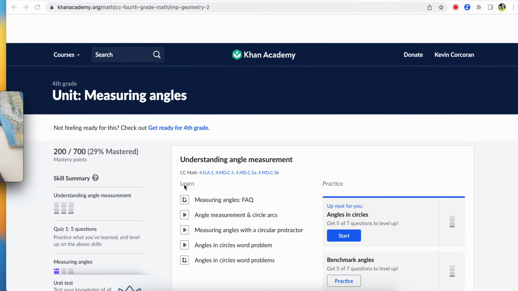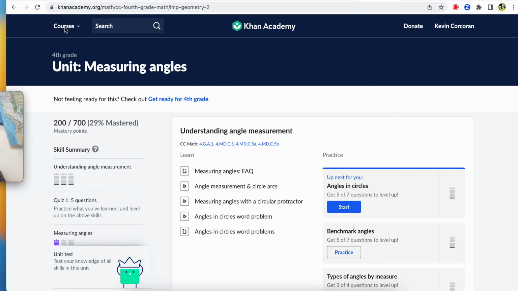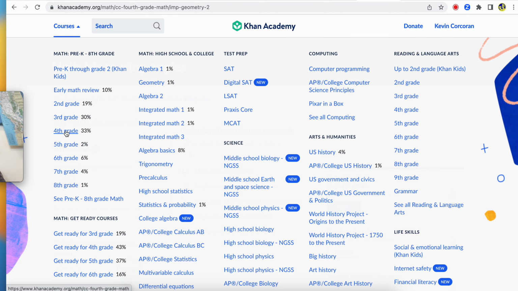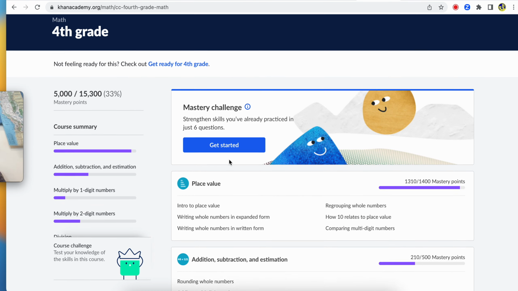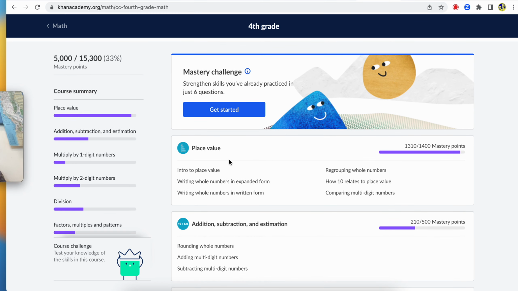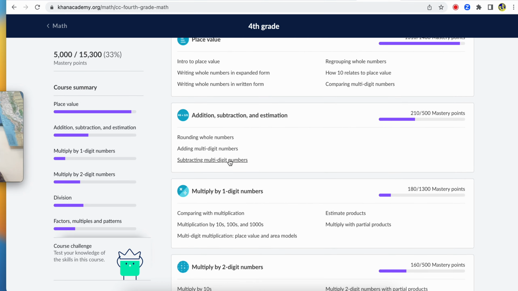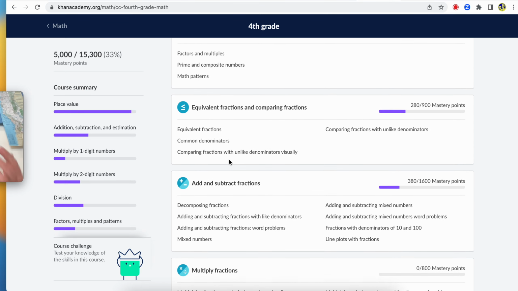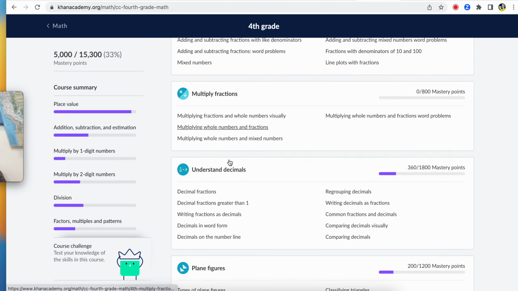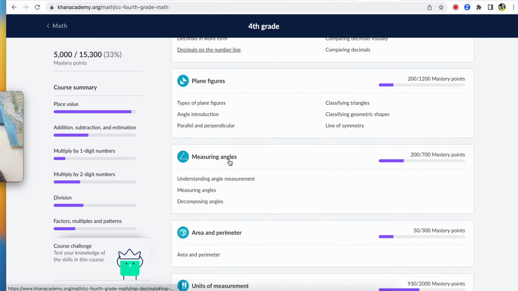Plus, the other reason I wanted you to get used to using Khan Academy is summer's going to be here soon, and this is one of the best free ways to cover all of the math concepts that we sometimes cover in depth.